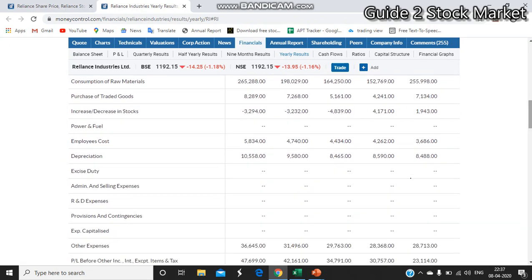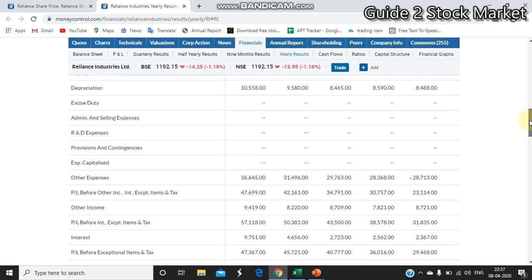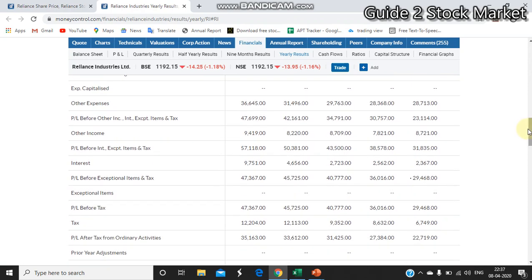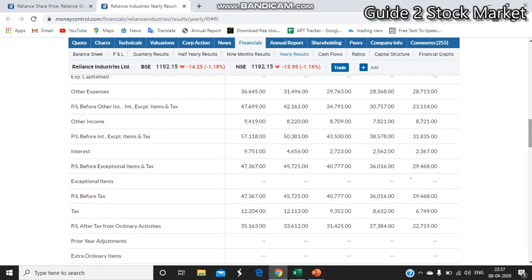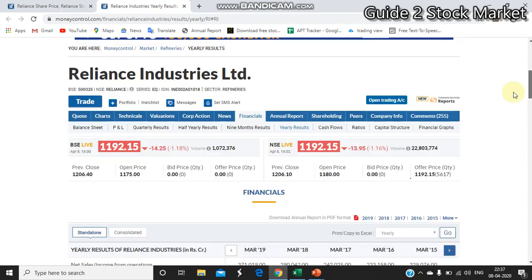Under the yearly results, you could find this one is PBT, that is profit before tax, and this one is PAT, that is profit after tax. 35,163 crores is the PAT for the financial year ending March 2019.